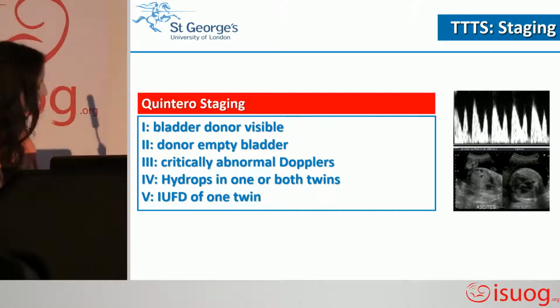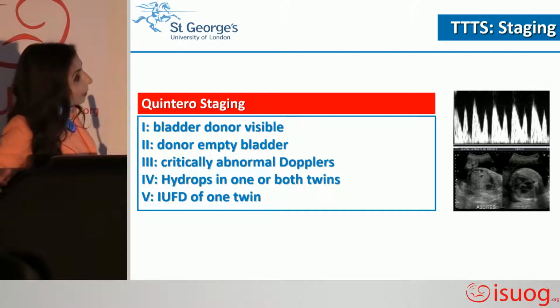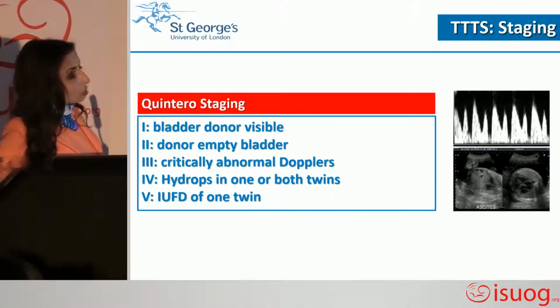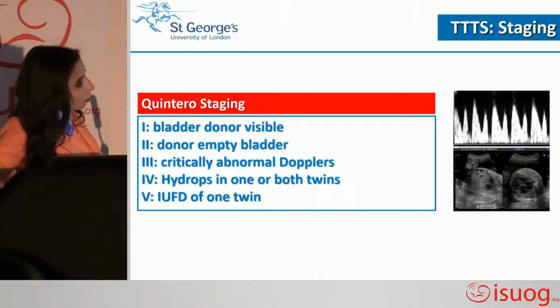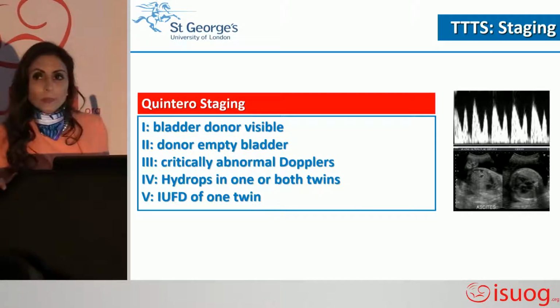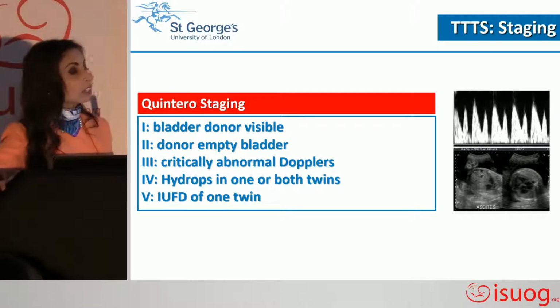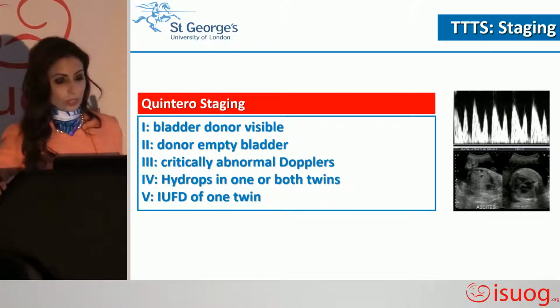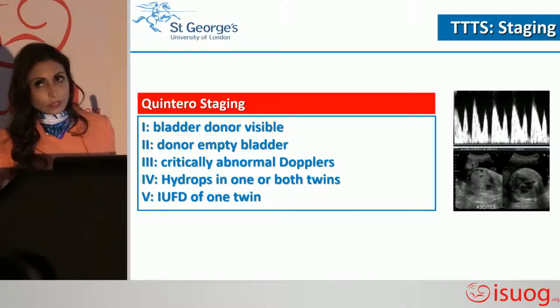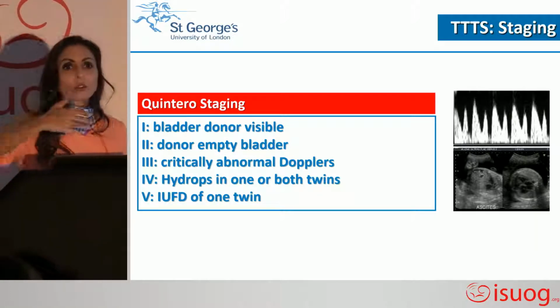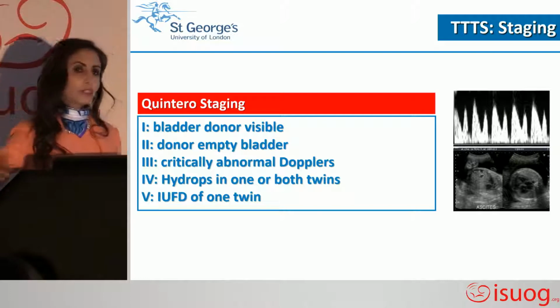And we also mentioned the Quintero staging, and I guess many of you would know, but just to go through it. Stage 1, when you have the oligohydramnios, polyhydramnios sequence, but the donor twin's bladder is still visible. Stage 2, when the bladder is empty or you don't see it on the scan, despite scanning for a long time, waiting for the bladder to fill.